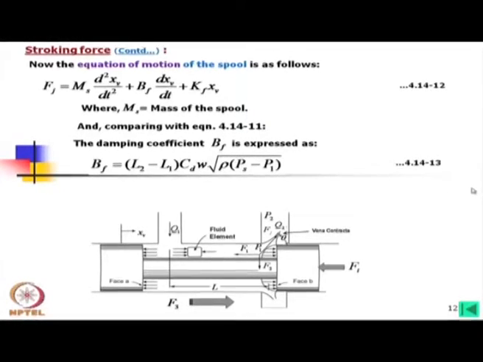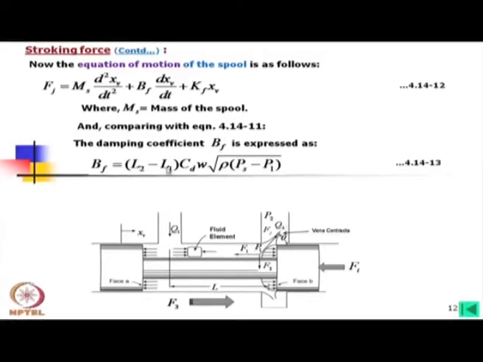Remember these equations, I am not writing them, but in that equation you will find this into dxb by dt, that part is there. So, we can say that damping coefficient is nothing but these equations.